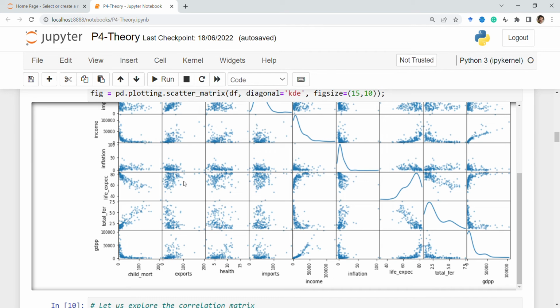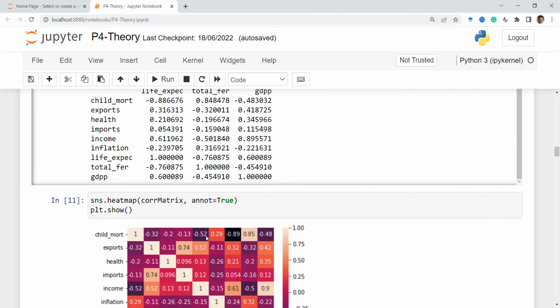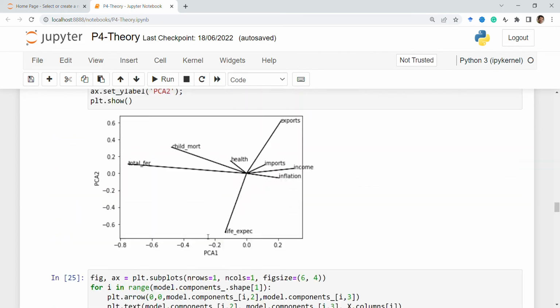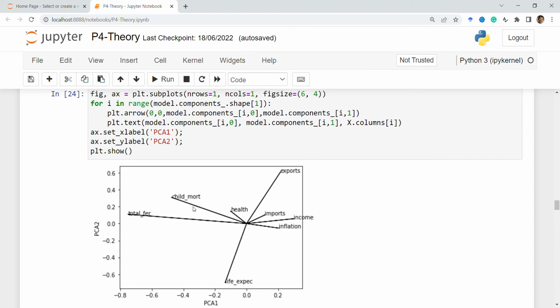This apparent relationship on the same axis is simply an artifact of projecting an 8-dimensional space onto a 2-dimensional space. But this other relationship between total fertility and child mortality is really clear here, and it also appeared in this plot. So you have to look at both graphs, this one and the scatter plot, to make sure that your interpretation is correct.